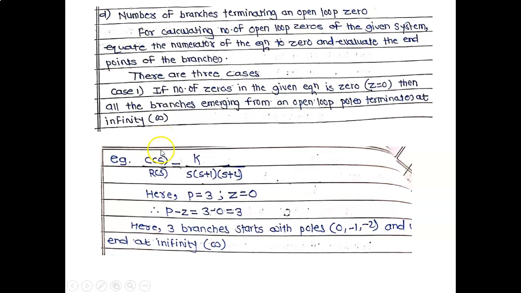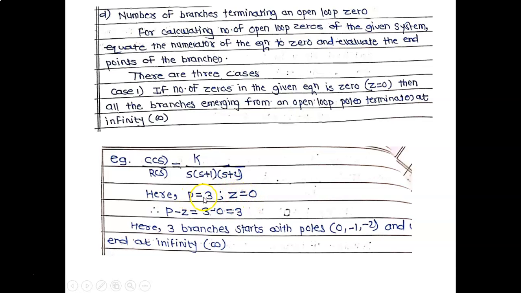For example, consider this equation, C(S)/R(S) is equal to K divided by S into (S plus 1) into (S plus 2). Here P is equal to 3 because the number of S terms in the denominator is 3, that is S is equal to 0, S is equal to minus 1 and S is equal to minus 2, and the number of terms in the numerator is 0, therefore Z is equal to 0.